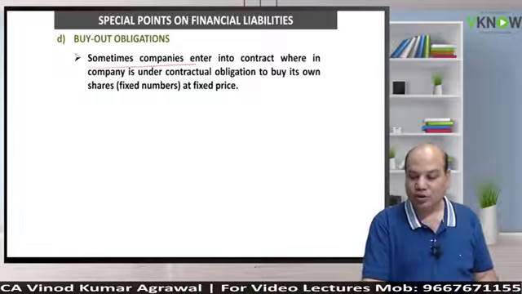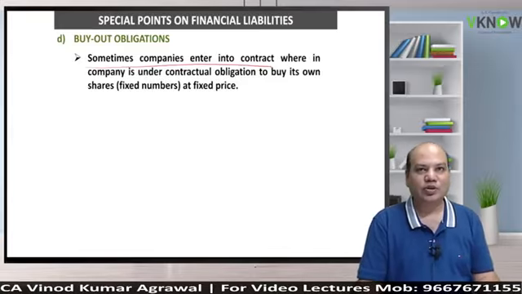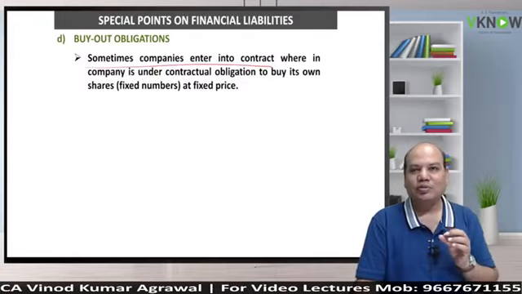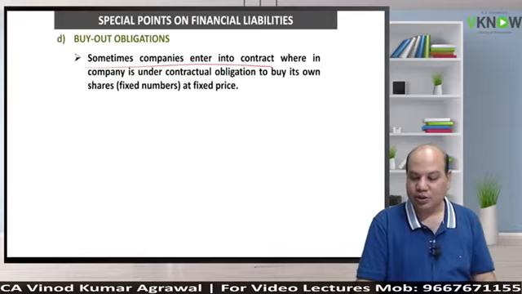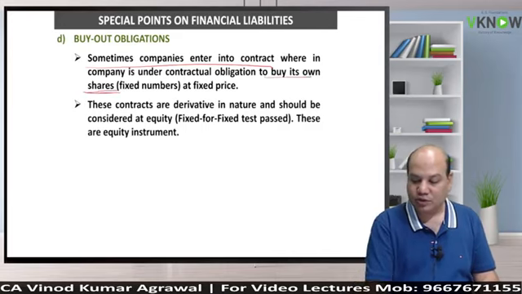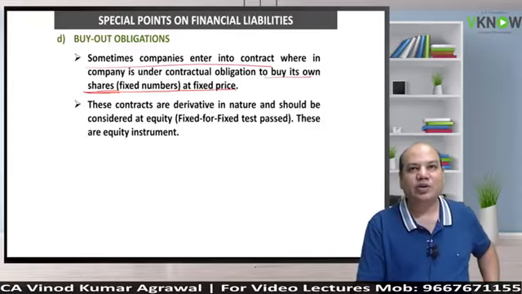So how to do accounting? Now this is like a derivative instrument, because it will be settled at a future date in own shares. Sometimes a company enters into a contract wherein the company is under contractual obligation to buy its own shares, but the question is, at a fixed price? That will be purchased at a later date.